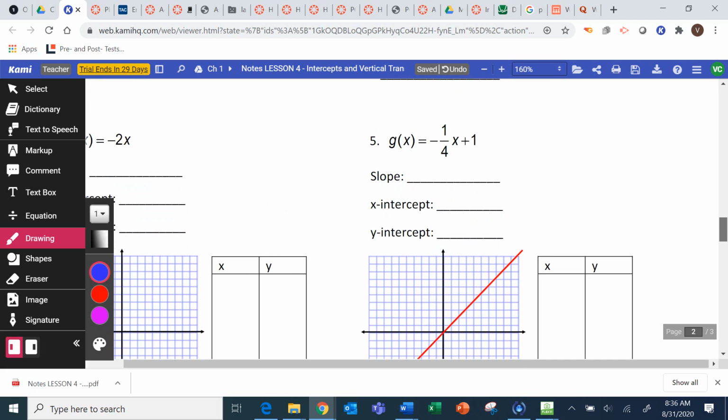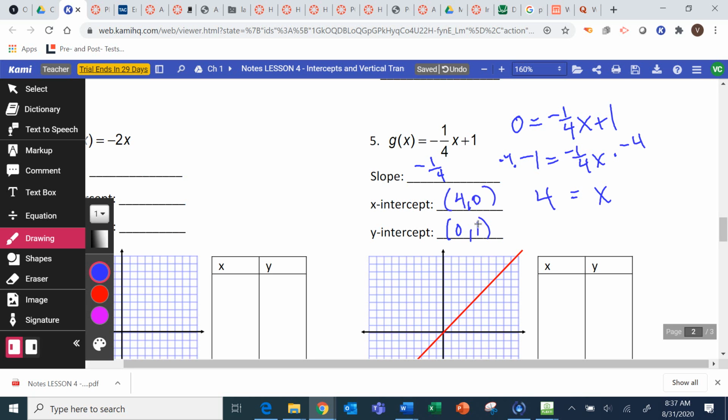Okay, for this one, the slope is negative 1/4. The y-intercept is 0, 1. And then using my algebra to find the x-intercept, I get 4, 0.